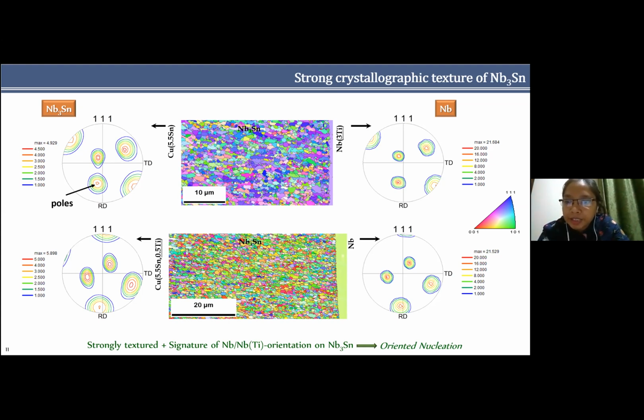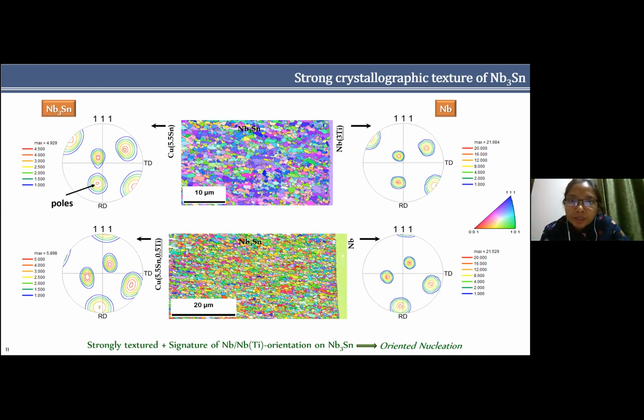In this case, it is niobium with titanium addition. There are certain poles, which denote the orientation. You could see the location of the poles in both pole figures is almost similar, and the pole density is almost the same. That is because for the niobium we are considering statistically very few grains, while in the Nb3Sn there are many grains for only one particular single niobium crystal.